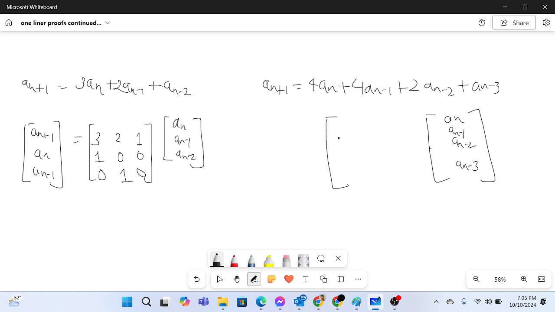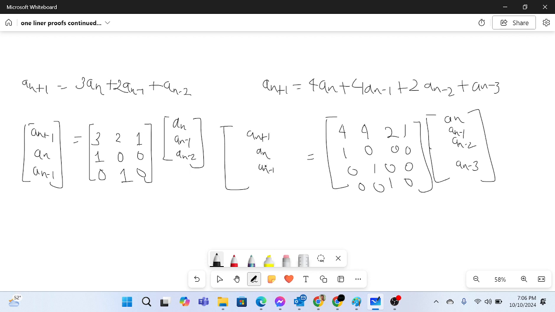And over here we want 4 4 2 1, and now 1 0 0 0, and then 0 1 0 0, and then 0 0 1 0. This will basically give me a_{n+1}, a_{n-1}, a_{n-2}.